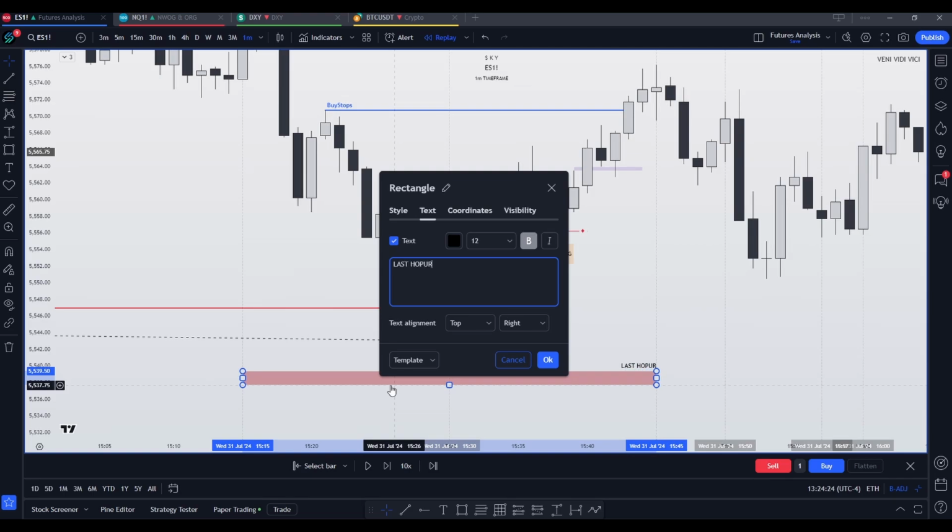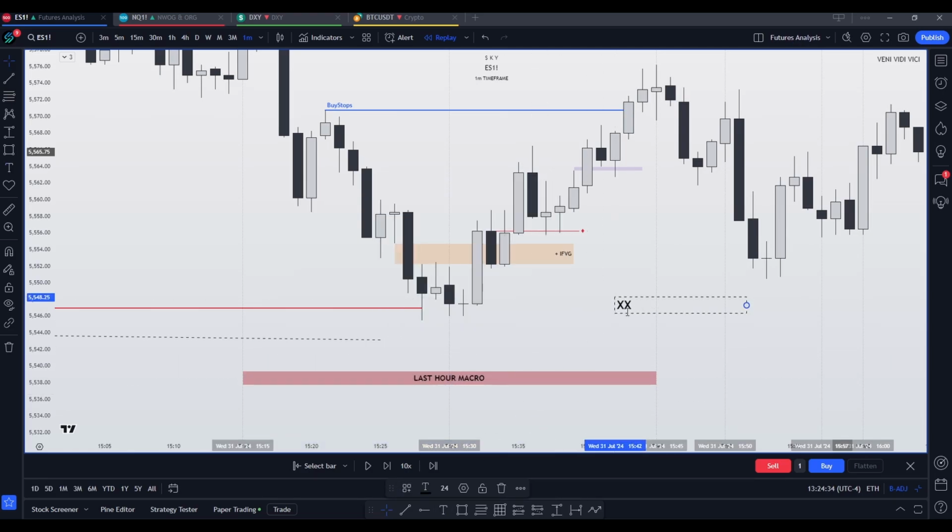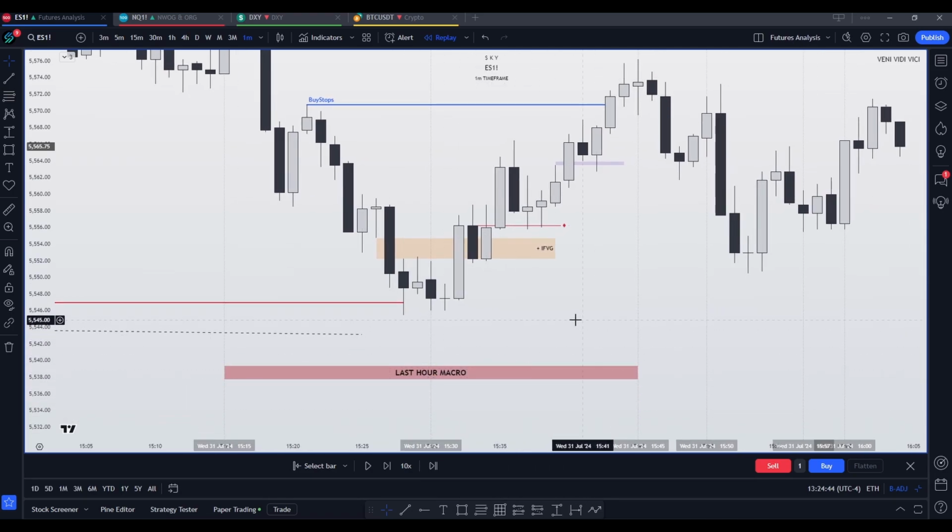Last hour macro. Remember, this is the only exception where price won't be on the classic schematic of xx15 to xx10. This will be the only scenario when this won't be applied.